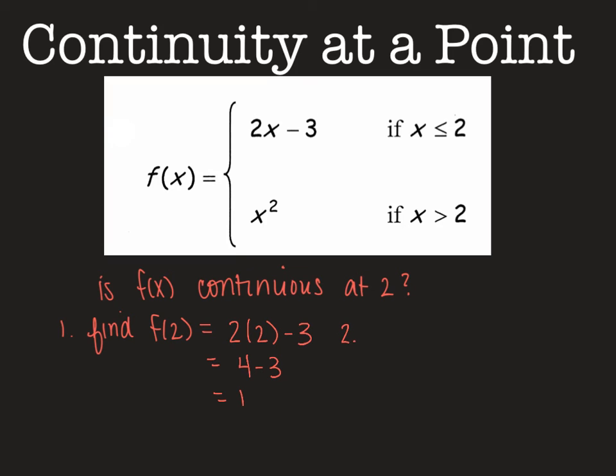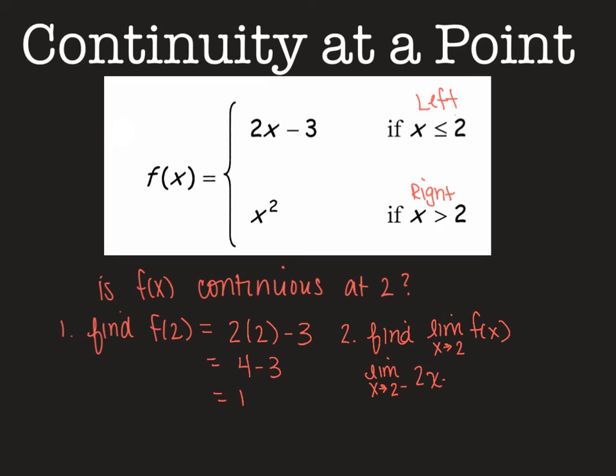Our second step, we need to find the limit as x approaches 2 of f of x. So the big deal is we need to figure out our limit from the left, which is going to be this one right here, because those are the x values to the left of 2. And then our limit from the right is going to be the second piece, because those are my x values greater than 2, so the values to the right of 2. So the first thing that we're going to find is the limit as x approaches 2 from the left, and that means that we're using the function on the top piece.